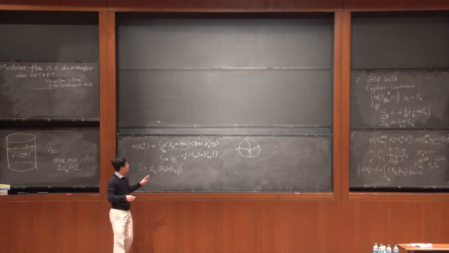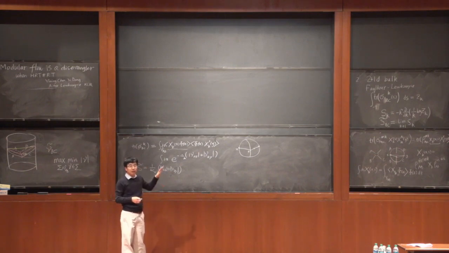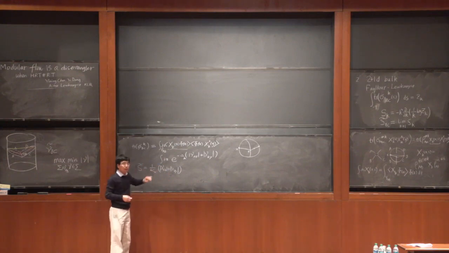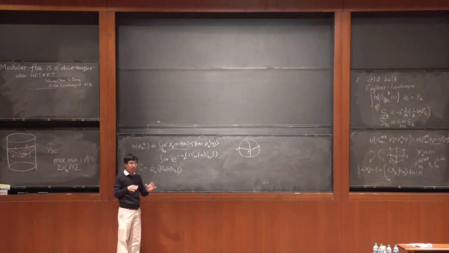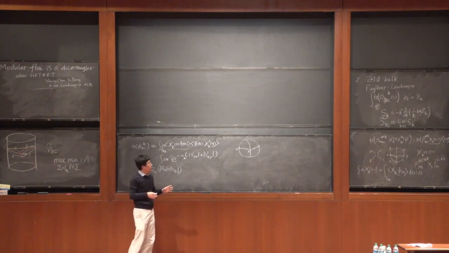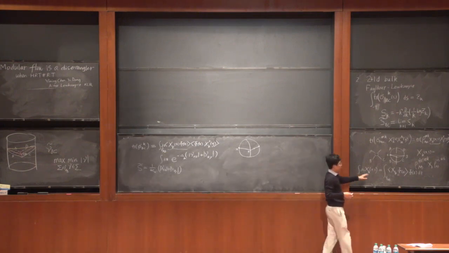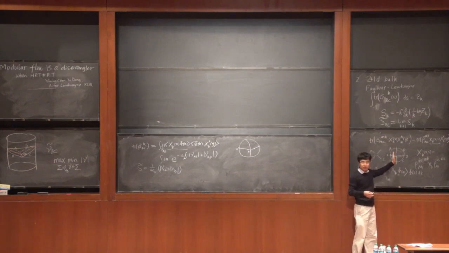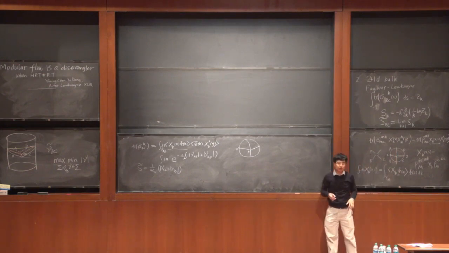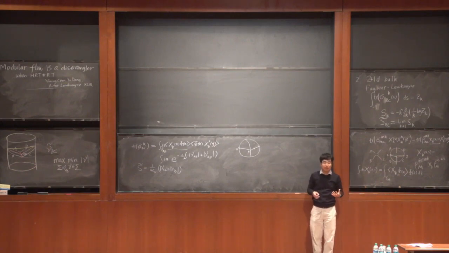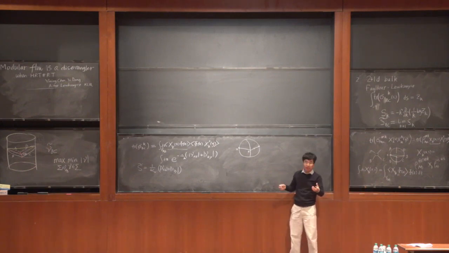I want to emphasize that this doesn't require the modular flow to be local. In this case, I don't know exactly what the minimal S corresponds to. But even if the modular flow is not local, as long as you can still expand the operators using the operators on the minimal surface, this restricted entropy, this constrained entropy, is still given by that restricted minimal surface.